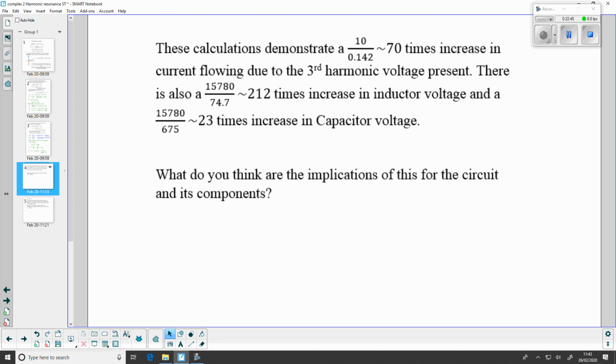What do you think the implications of this are for the circuit and its components? Notwithstanding that there's 15 kilovolts sitting there for someone to put their finger on.